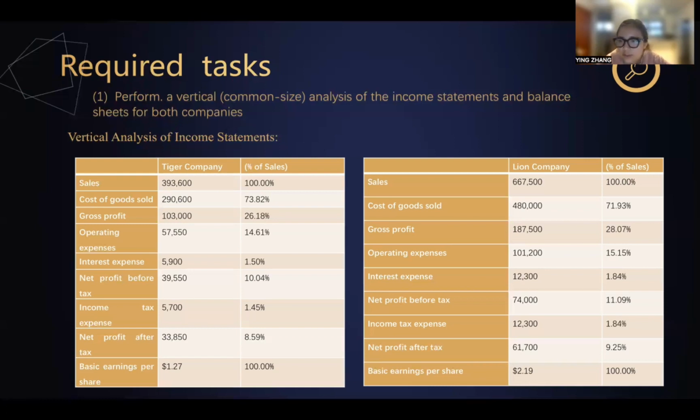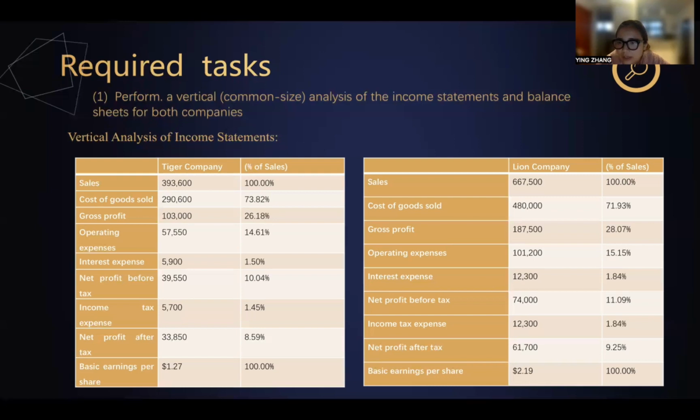The interest expense for Tiger Company is 1.50% of sales, while for Loin Company, it is 1.84%. This suggests that Tiger Company has more efficient financial management compared to Loin Company.